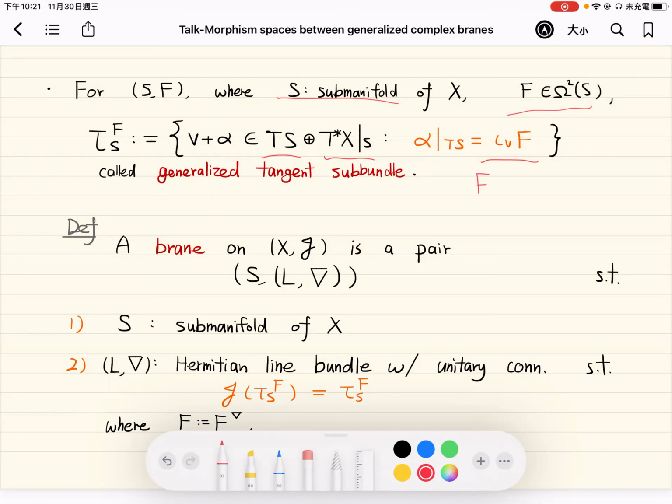If you take the two-form F to be 0, then this generalized tangent subbundle is just the direct sum of TS and the conormal bundle of S.